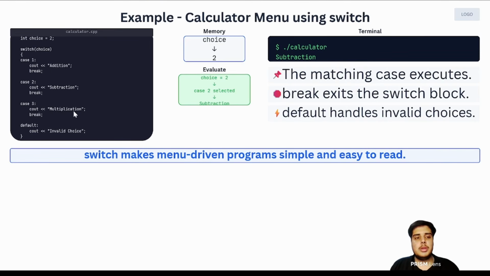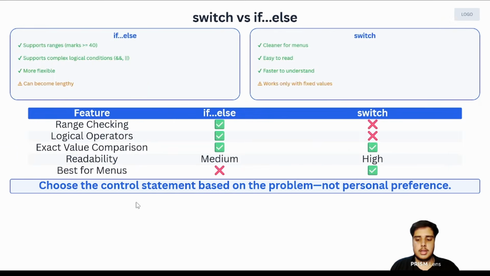A good example of it is a calculator menu using switch, in which case 1 is addition, but the int choice is 2, so case 1 gets rejected. Then it goes below, case 2 matches the choice and the output is subtraction. Simply, subtraction is selected.